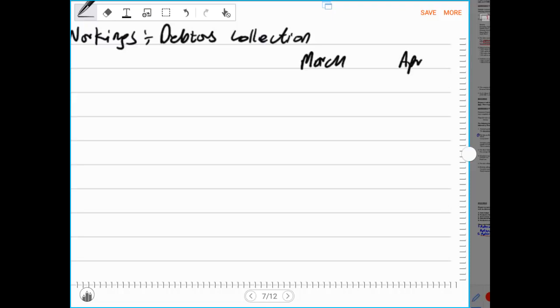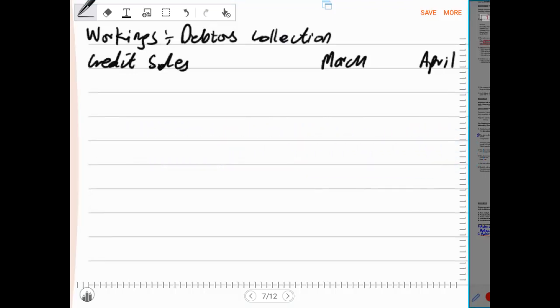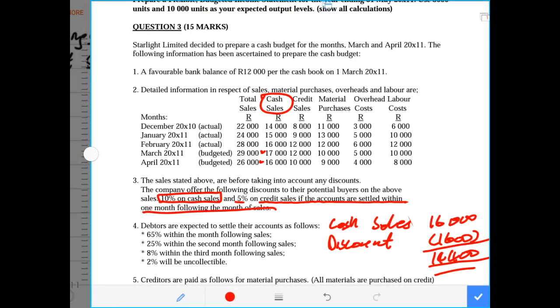Then we have the debtors list, or I can just say credit sales. Our credit sales start from the month of December.